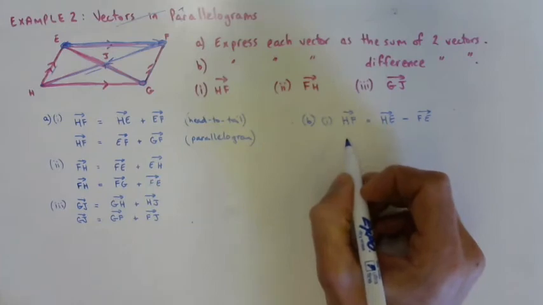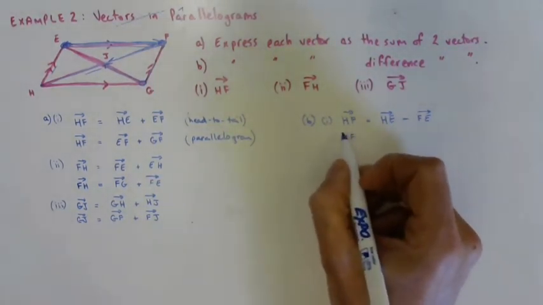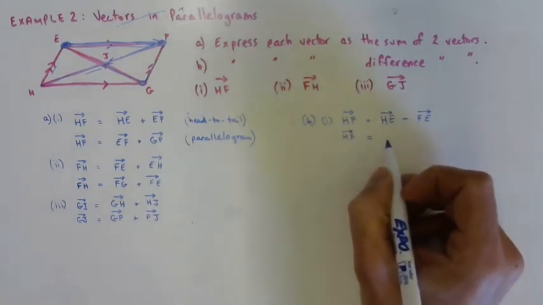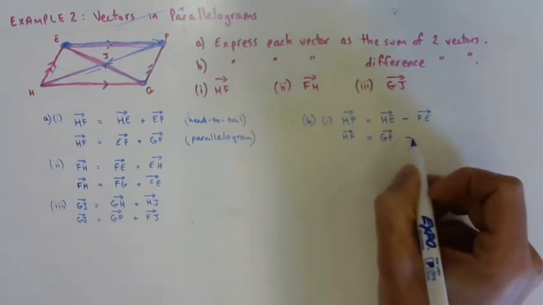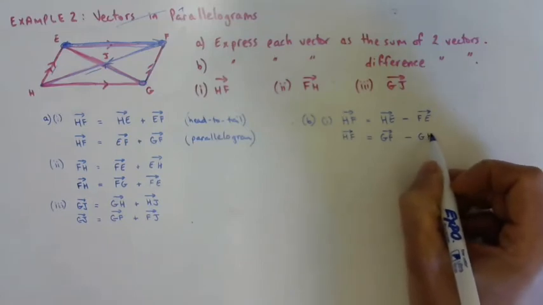Another way we could do this, get the resultant vector HF, is to take vector GF and subtract vector GH.